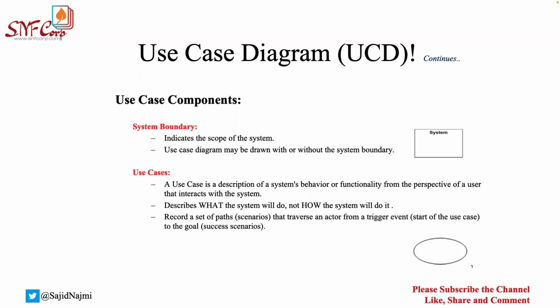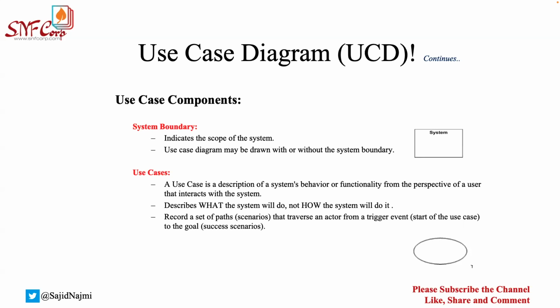Having said that, whenever you're writing use cases, you should never try to explain in the use case diagram how the system is behaving. You will only show what the system is doing and what the different stages of the system are. That's all and nothing else. You also will write the different scenarios in which the use case goes from one state to another, from start to end.